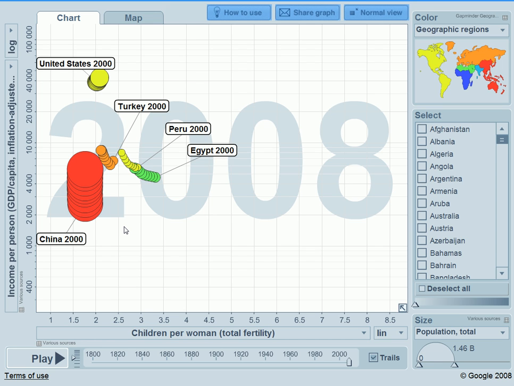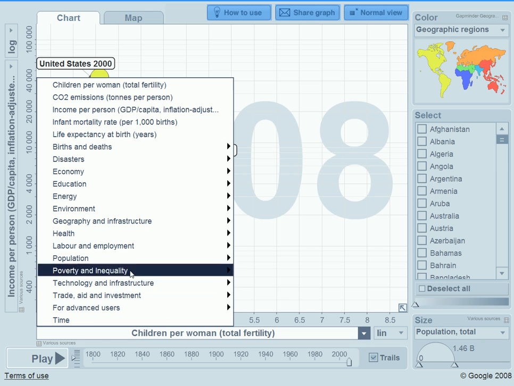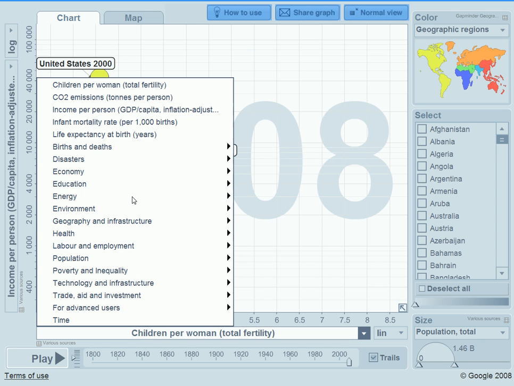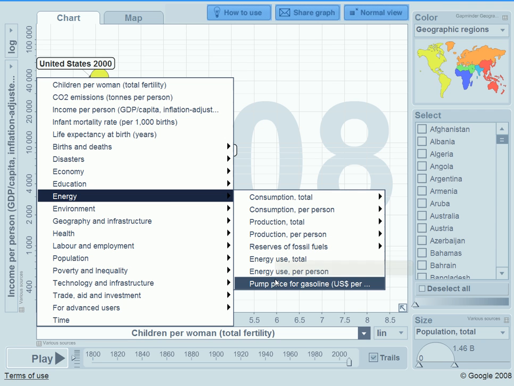Also, the price of gasoline is important for the decision of buying an electric bike or not. If the price of gasoline is expensive, probably a lot of people will think about an electric vehicle instead of a normal vehicle. So let me see it. We change the x-axis from children per woman to energy pump price for gasoline.